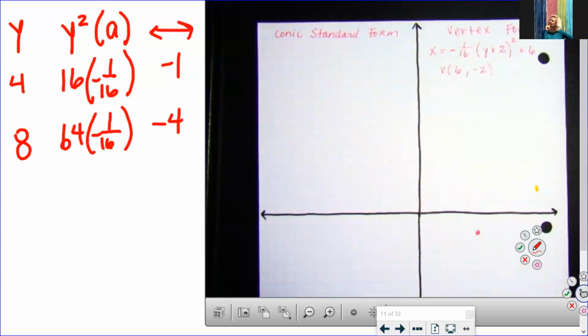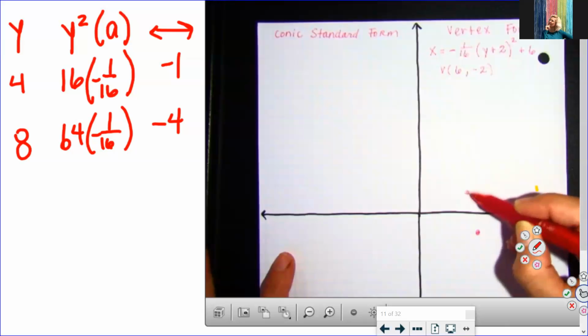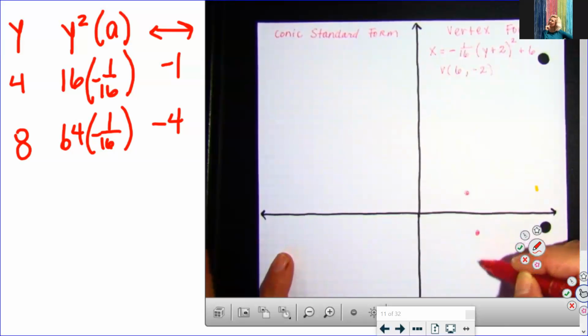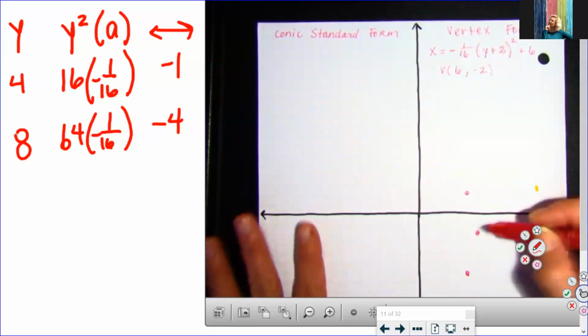Okay, let's go ahead and plot that. So there's my first 2 dots. Those are really far apart, but that makes sense because we have a giant stretch. 8 up and down, and then 4 to the left.